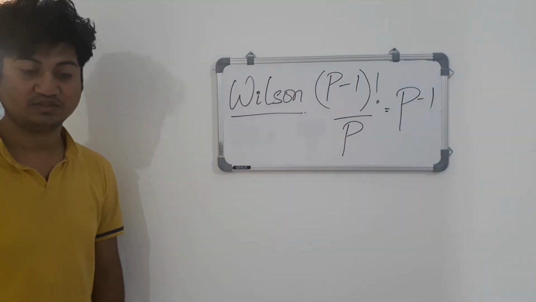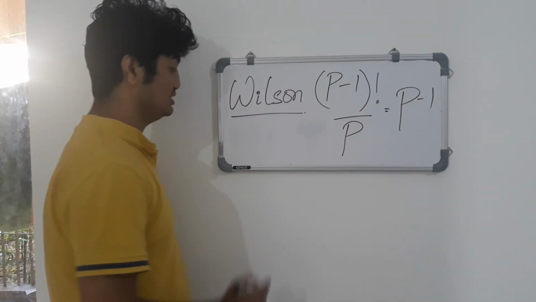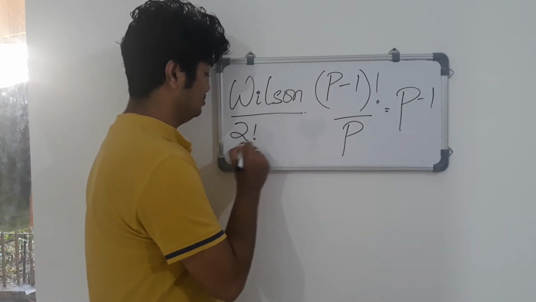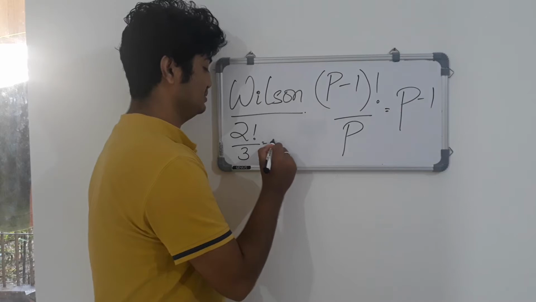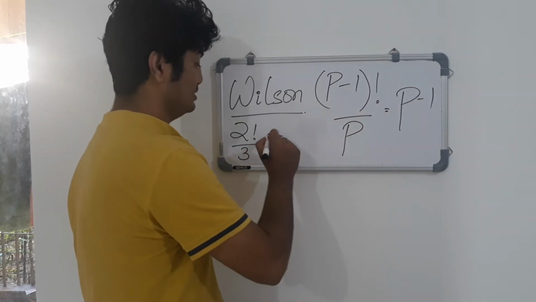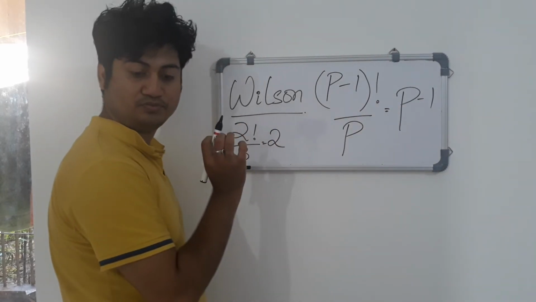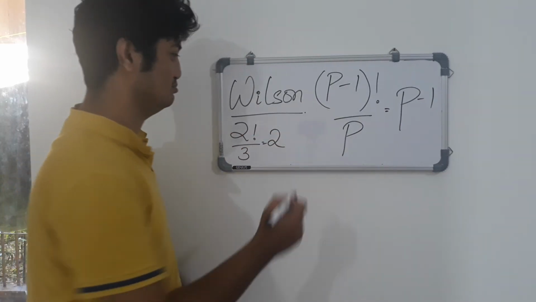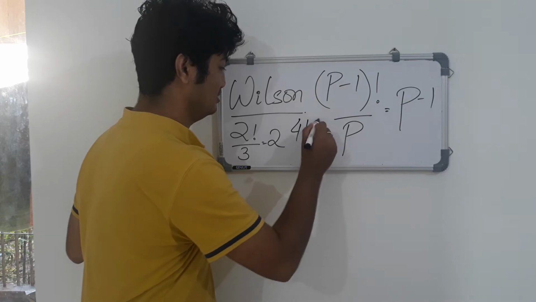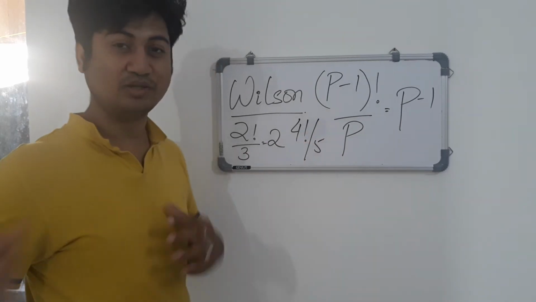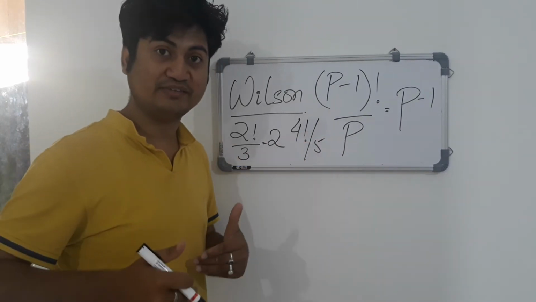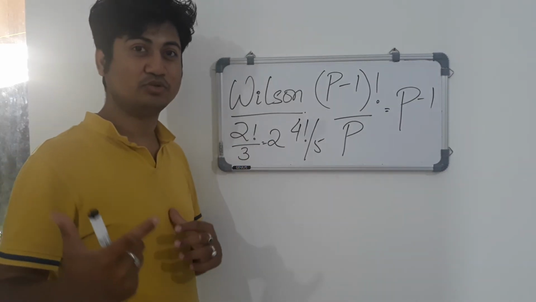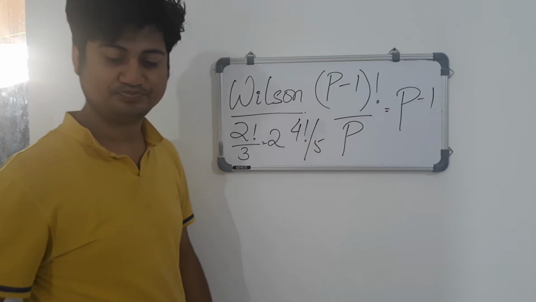So the question can be like 2 factorial by 3, which is basically p minus 1, or 3 minus 1, is 2. Got it? Similarly, you can use any question like, say, solve for 4 factorial whole divided by 5. The answer will be 4, as in 24 divided by 5 leaves a remainder of 4. So this is the equation you can use while solving factorial questions with the remainder theorem.